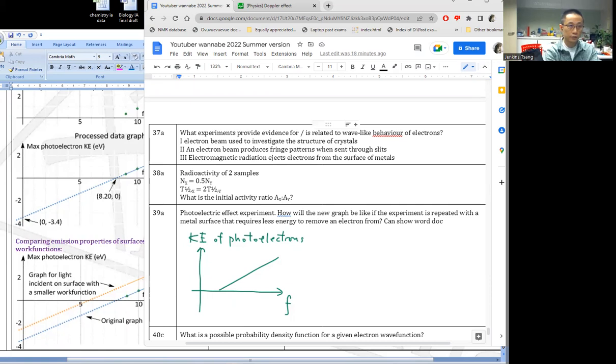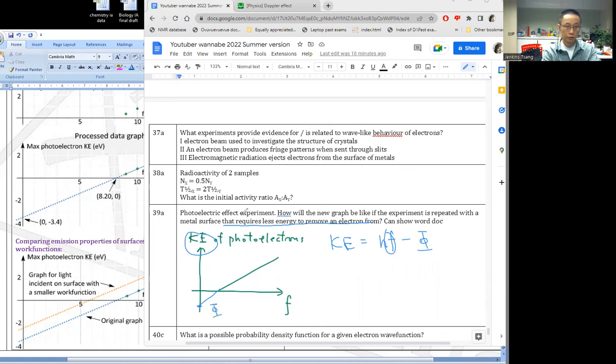And this sentence basically refers to a method that has a smaller work function. KE, meanwhile, equals the incident light energy minus the work function. So if you plot a graph of KE against frequency, the negative of the y-intercept is actually the work function.